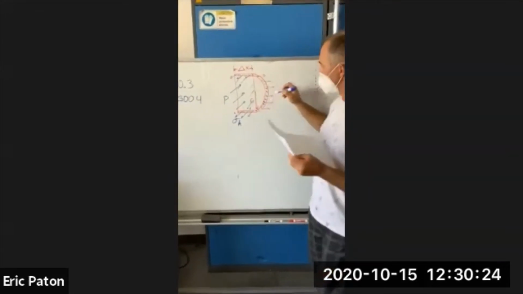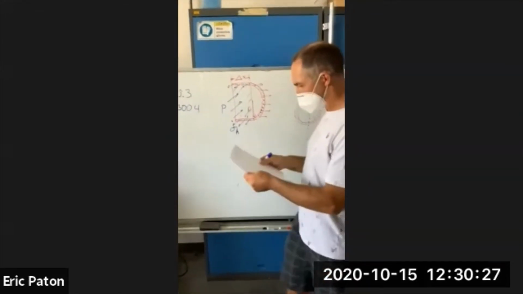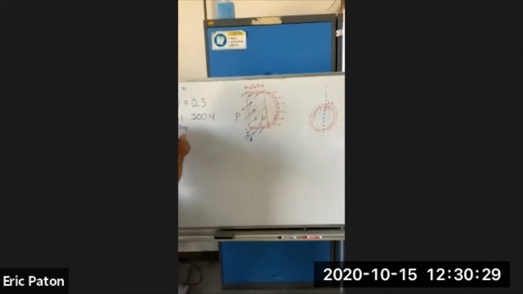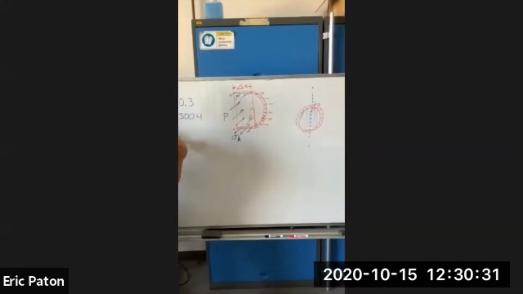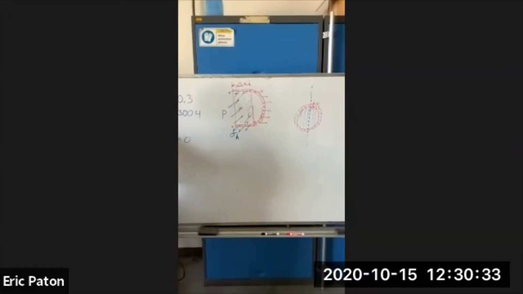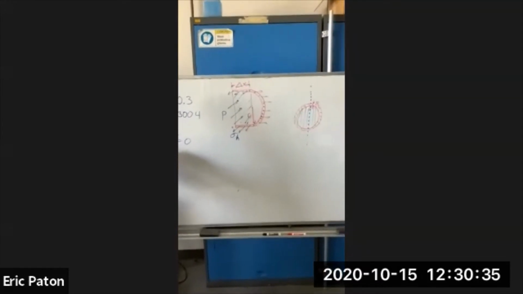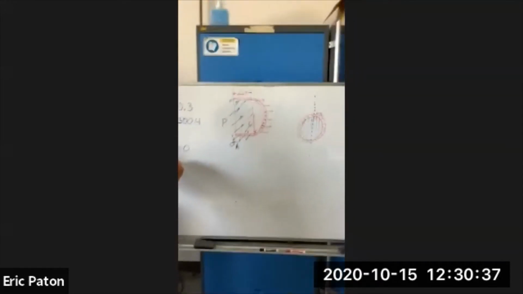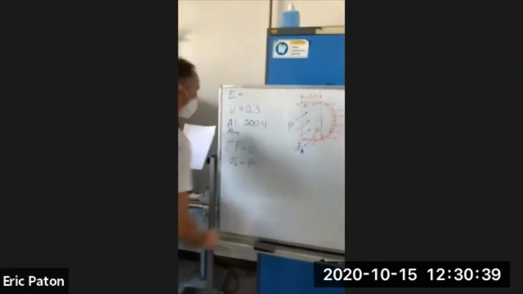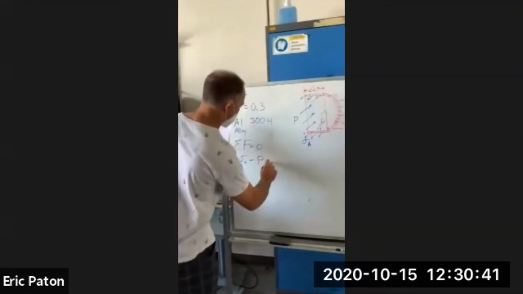So the hoop stress, we sum the forces and make them equal to 0. So we have the stress in hoop minus the internal pressure, and those have to be equal to 0.